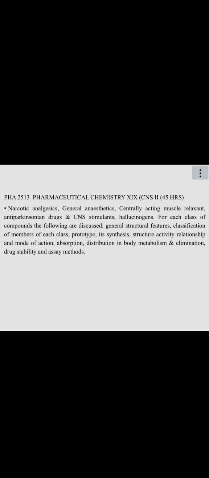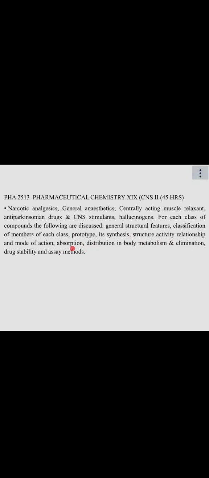So for each class of compounds, we will discuss the same things we've been discussing before. We will look at the general structural features, the classification of the members, the prototype. Sometimes, where possible, we look at synthesis, structure activity relationship, which we have always done, mode of action.